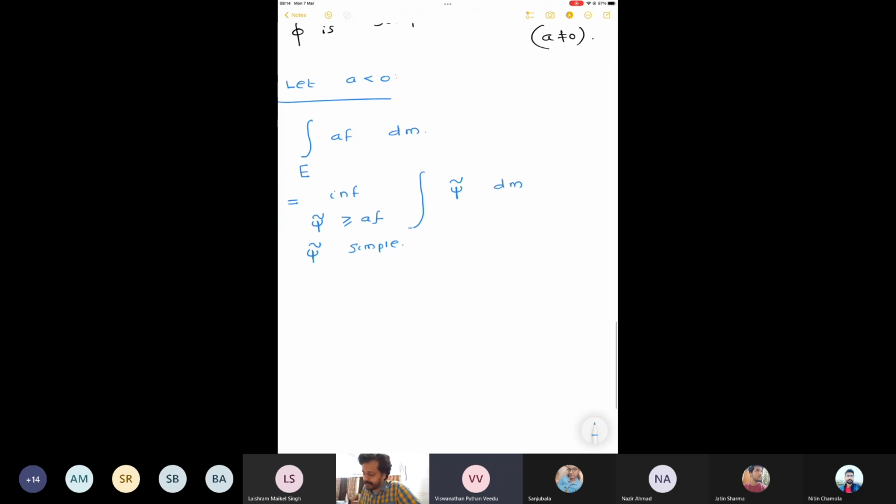Now, varying over all simple functions psi bar greater than or equal to af is the same as varying over all simple functions psi bar by a less than or equal to f, because a is less than 0.